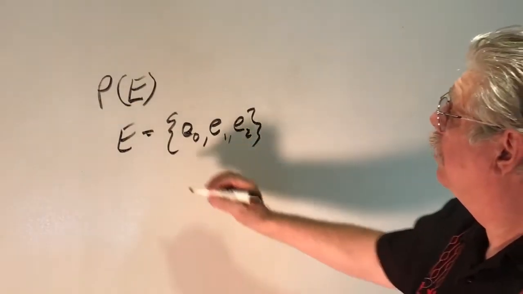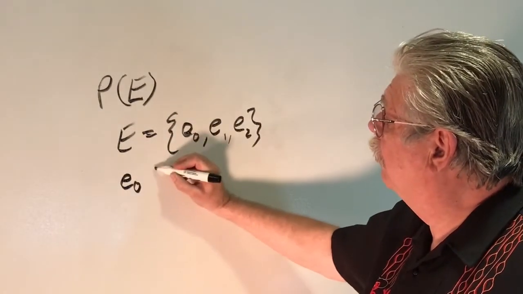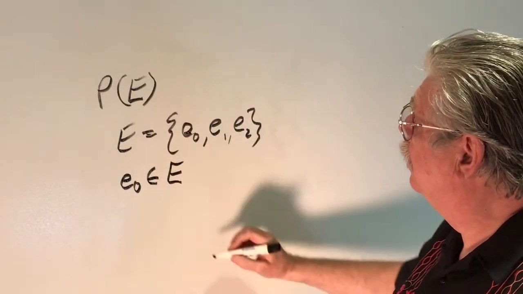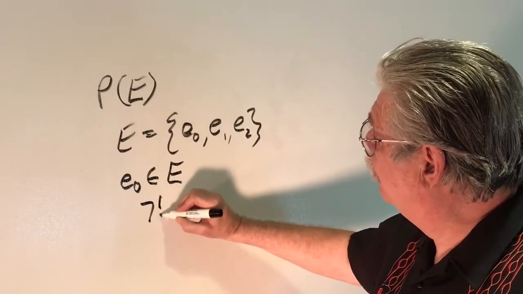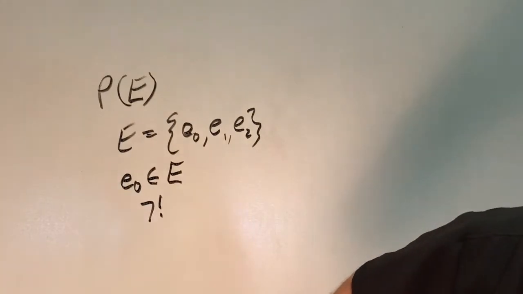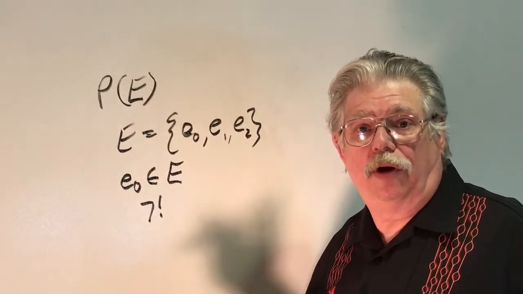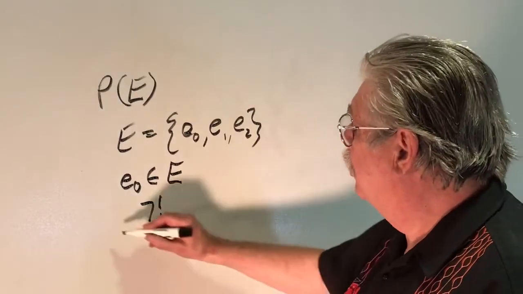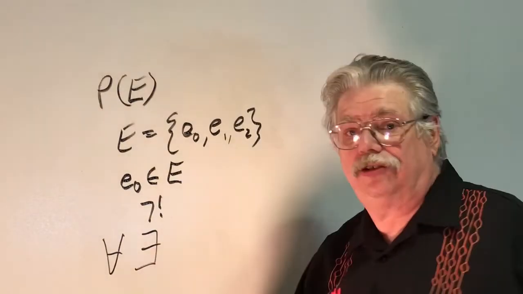And then we're going to say that any given element, like E sub 0, is an element, this little epsilon, of the set E. And we may also want to do calculations on numbers like 7 factorial. And you may also find that in more advanced work, they're going to use something called predicate calculus, which will give you these upside down A for all and upside down E for exists.